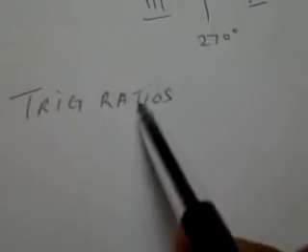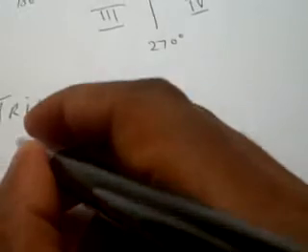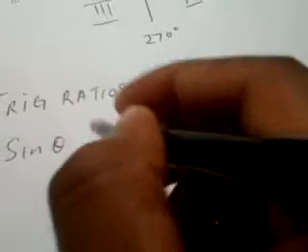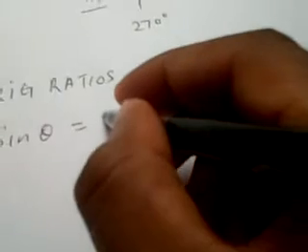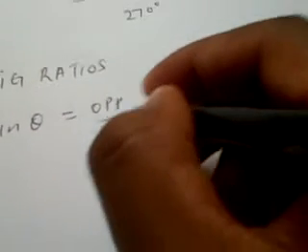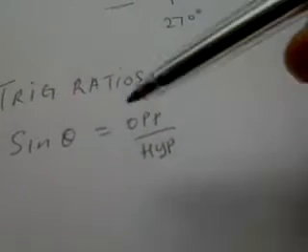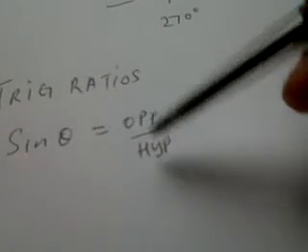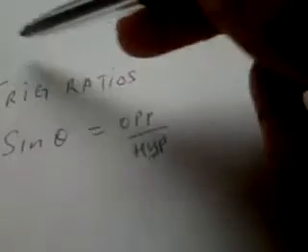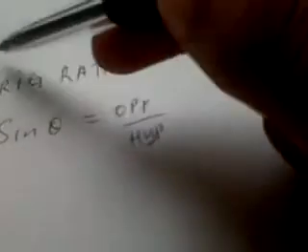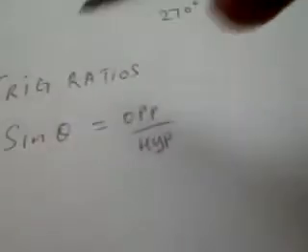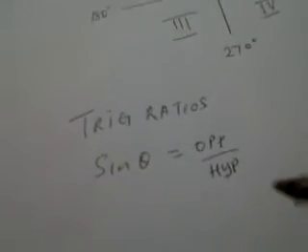Now we start the first one. Sine theta, we say, is equal to opposite over hypotenuse. Now you can see this is a ratio, and we're talking about trigonometry, so this will be a trigonometrical ratio. So this is why we call them trig ratios.